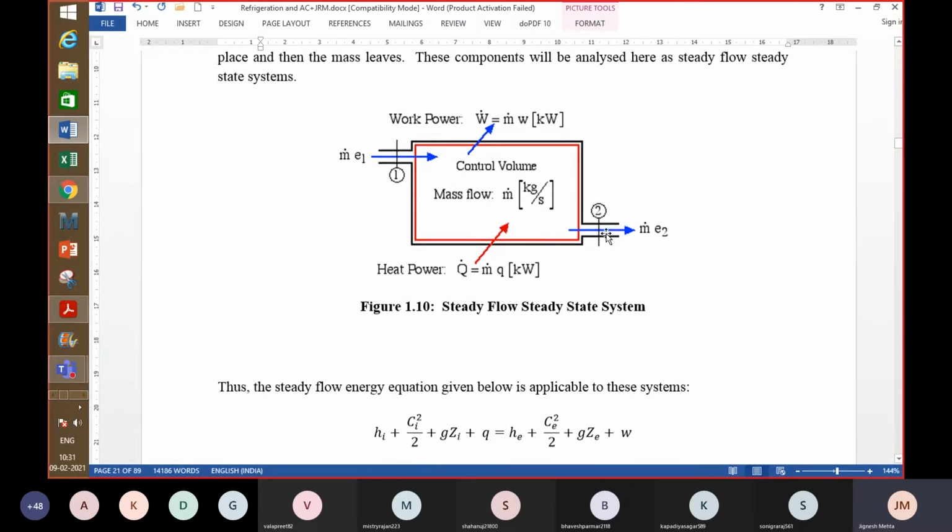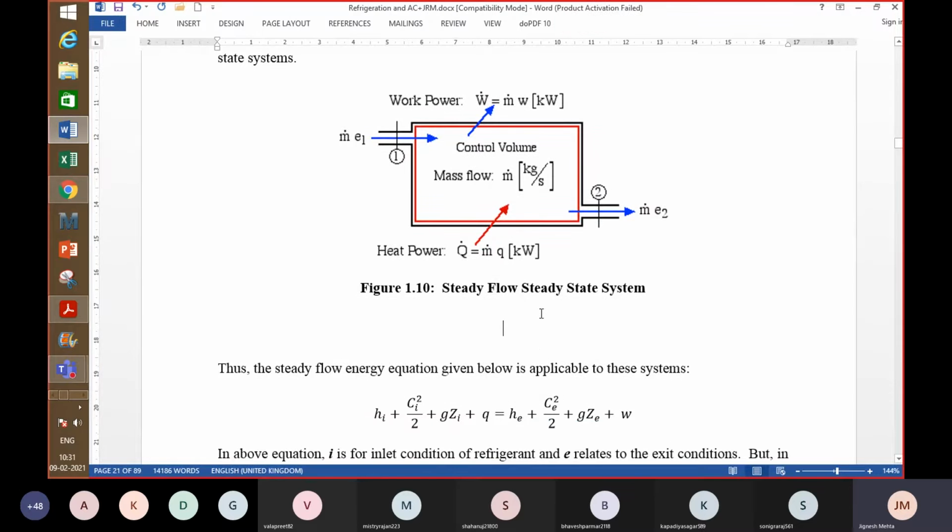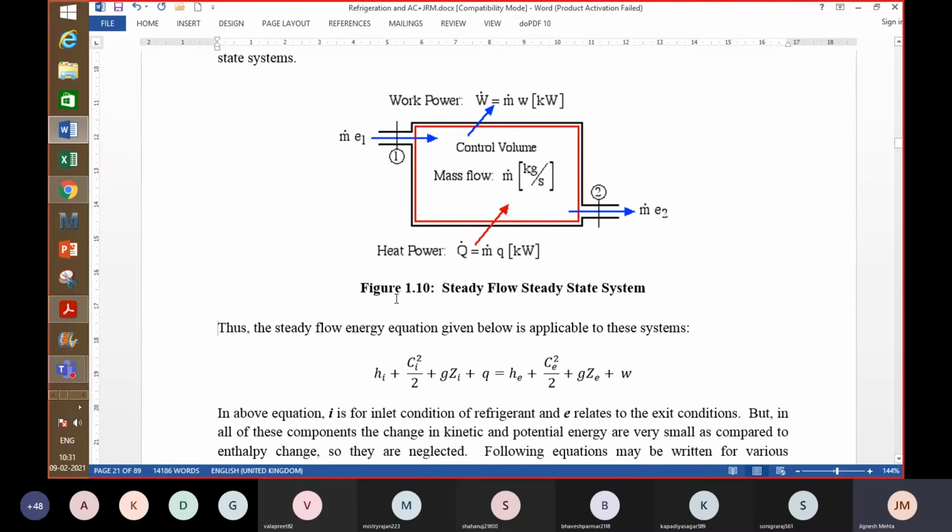Okay. So what is a general steady flow energy equation? The steady flow energy equation can be written as, so inlet and outlet or exit. So h_i plus C squared by 2, C is the velocity. So this is the kinetic energy component. This is the potential energy component, g z_i at the inlet, right? So here it's written as 1.